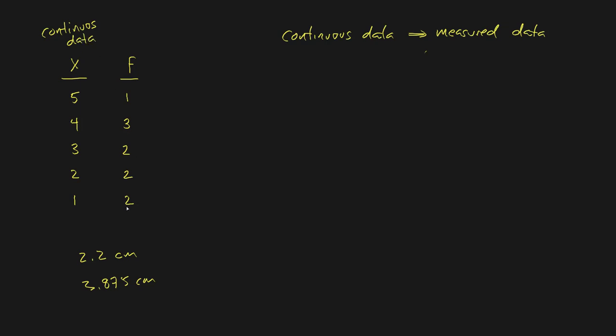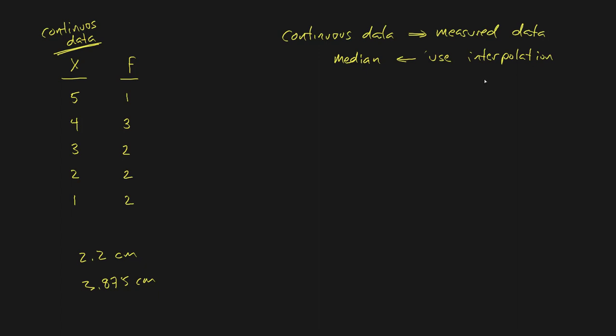Now, continuous data challenges us a little bit when it comes to the median, because normally, if we had to find a median that was between two numbers, we would just take the average. You're not supposed to do that with continuous data. Instead, to find the median, you have to use interpolation.